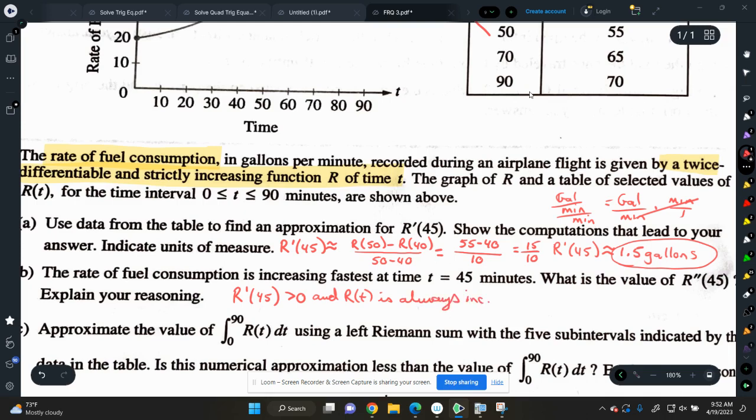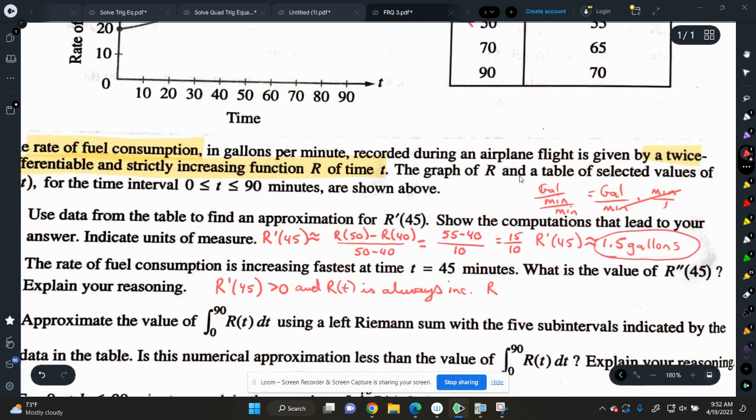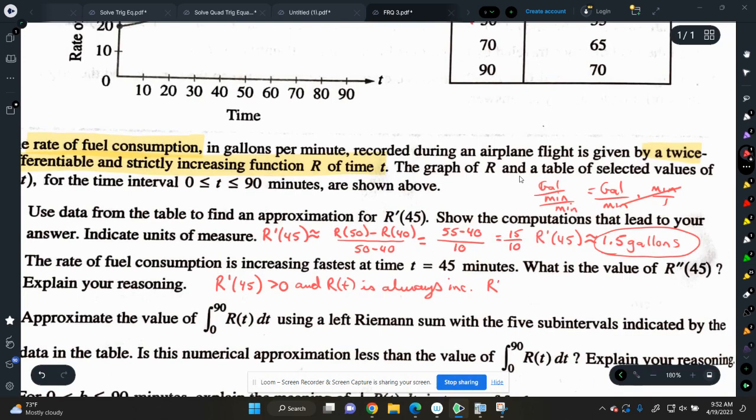And we're going to say that R double prime of 45, what did we say that was going to be equal to? 0, right? Because it is a maximum.